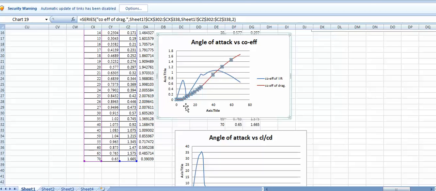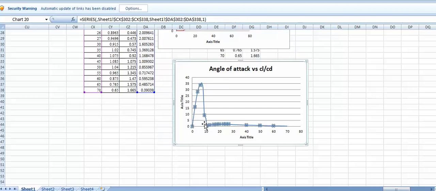But what we are interested in is the best possible lift to drag ratio, and that is this graph right here. If you observe this graph carefully, you will observe that at 7 degrees we have the best possible lift to drag ratio. Now see what happens.